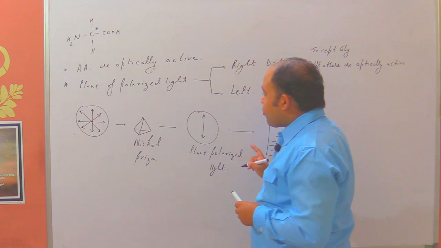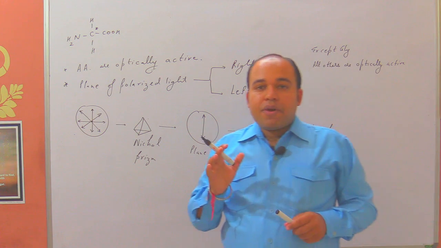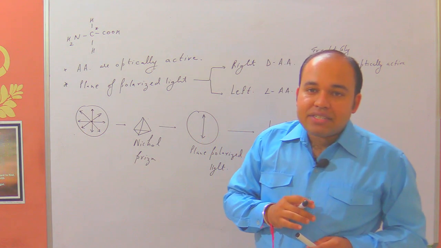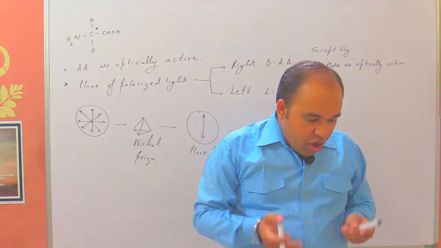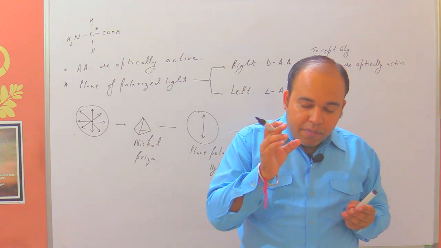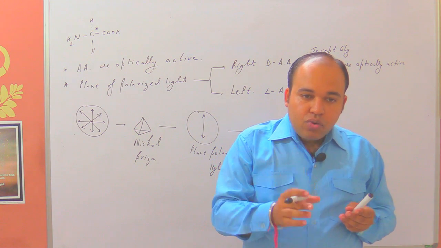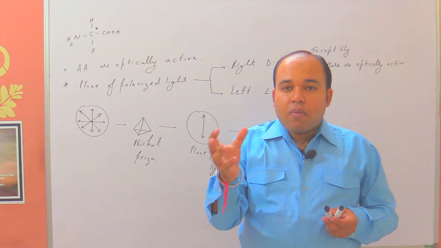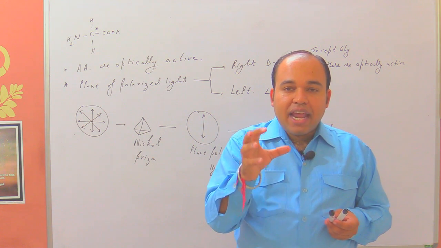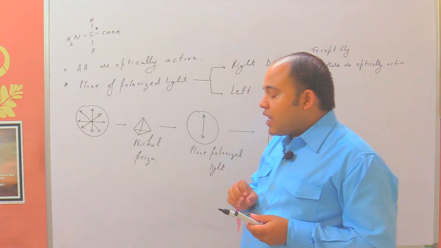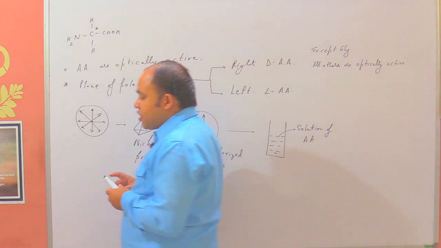Now, optical rotation is measured as a particular value and is represented by alpha. The quantitative measure of optical rotation is referred to as the optical activity of the molecule, and it is represented by a formula.